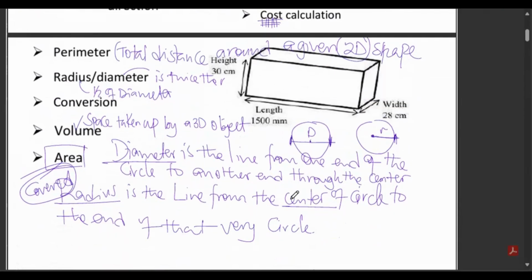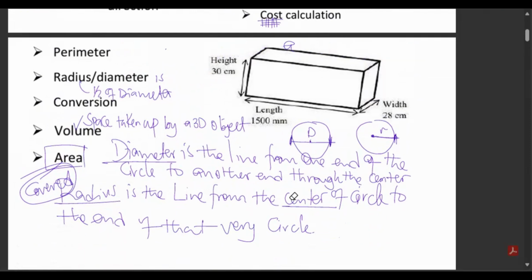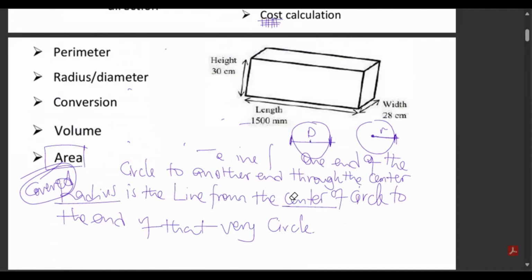Anyway, let's look at some simple formulas that we need to remember. We said perimeter is the total distance around a given shape. Diameter is twice the radius, and radius is half the diameter.